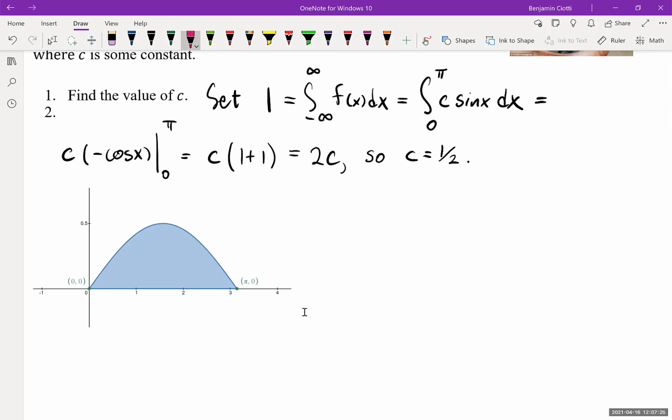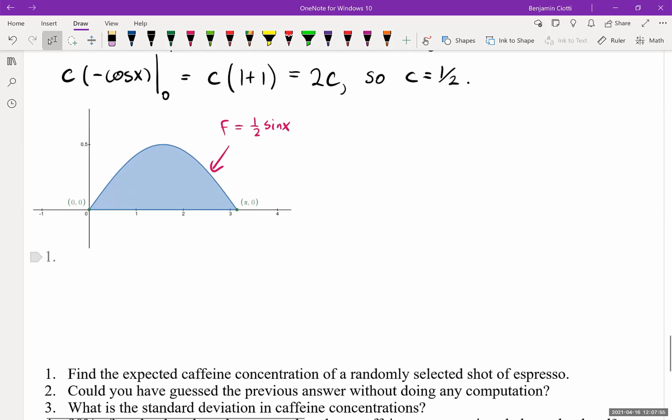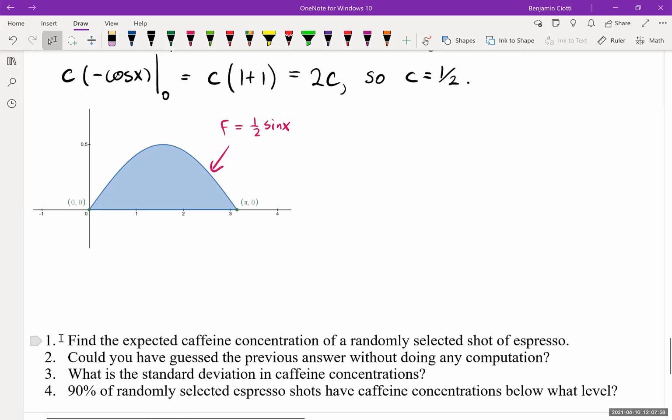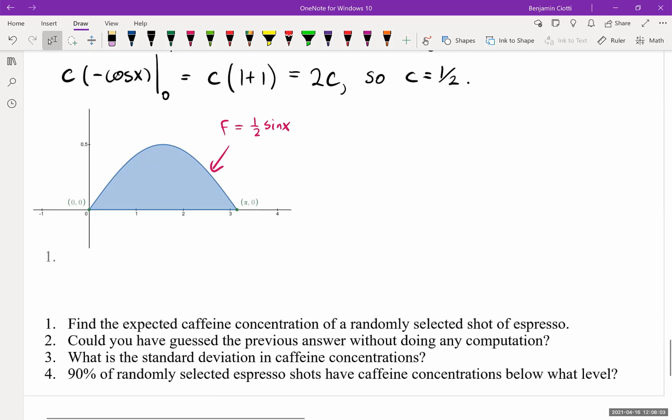And yeah, so after fixing what c is, we see apparently that f is equal to 1/2 sine x, at least when we are between 0 and pi. So having chosen c, we now have area 1 underneath the curve, which is good. Okay, the next question was to find the expected caffeine concentration of a randomly selected shot of espresso.